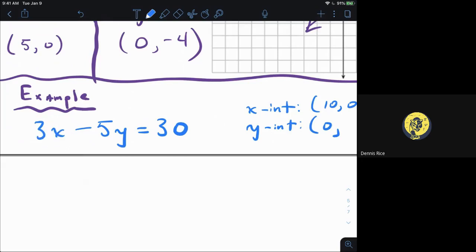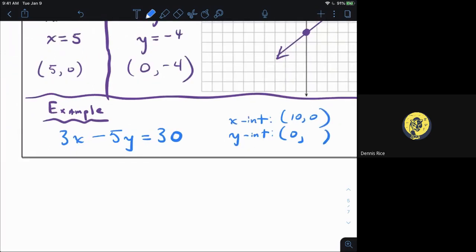Not 6, but like if I was solving this, you wouldn't get 6, you would get 30 divided by negative 5. Anyone? Negative 6. Thank you. So just the sign.